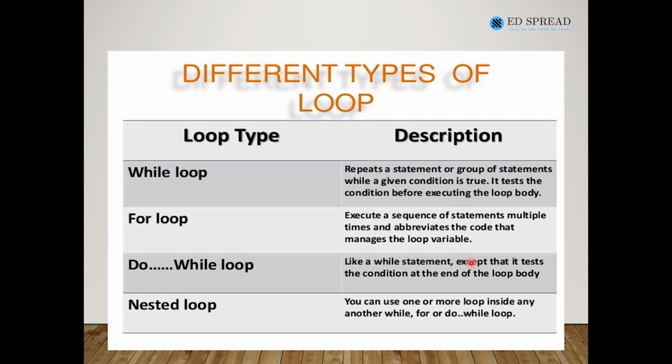Like a while statement, except that it tests the condition at the end of the loop body. So that is the difference between the while loop, for loop, and do while loop. In the first two cases, the condition is tested first and then the statements are executed.